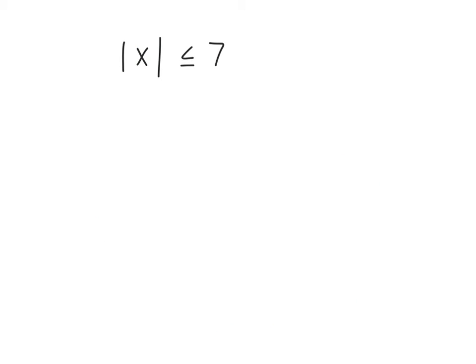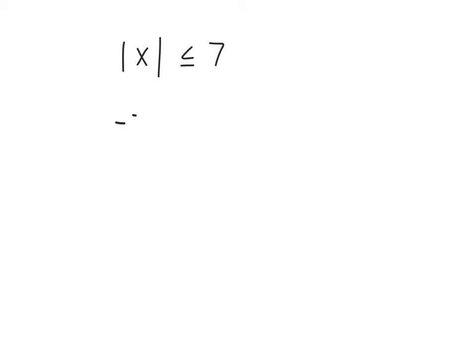So let's find the solutions to the absolute value of x is less than or equal to 7. Well, just like that last problem, we're basically talking about values whose distance from 0 is less than or equal to 7. And so there's two ways to write this answer. We don't have any inverse operations to do. We just have to interpret it the same way we did the last slide.